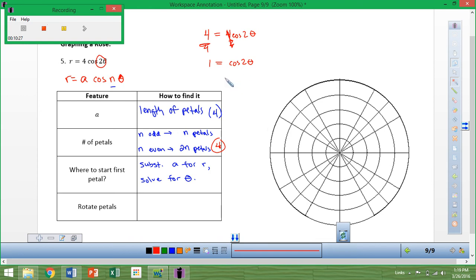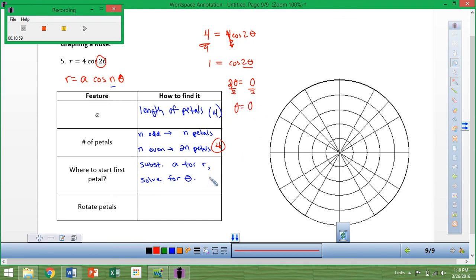So the next thing I have to do is say 2 theta equals wherever cosine is 1. So where is cosine 1? Use your trig sheet, use the unit circle. That's going to be at the angle 0. Then I can divide by 2, and I get theta equals 0.